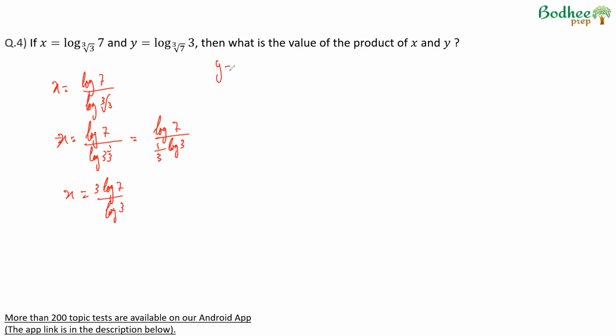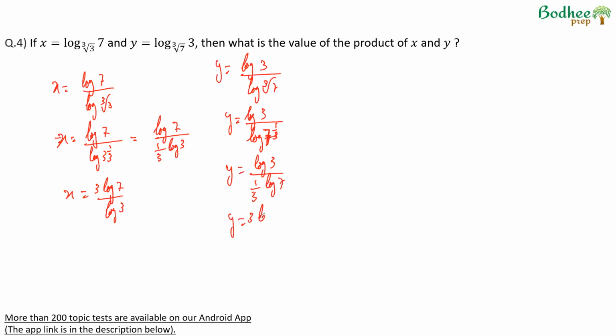If you look at y, it can be written as log of 3 upon log of cube root of 7, which will be log of 3 upon log of 7 to the power 1 by 3. 7 to the power 1 by 3, not base, which means y is equal to log of 3 upon 1 by 3 log 7, which means y will be 3 times log of 3 by log of 7.